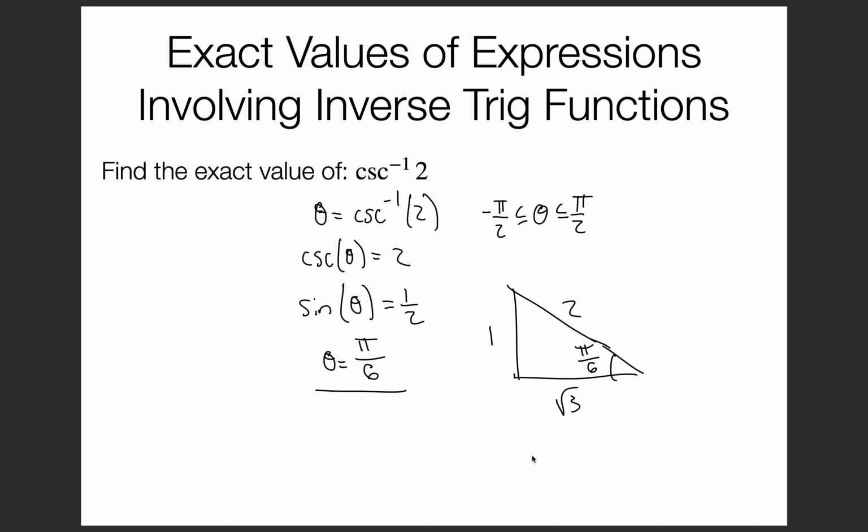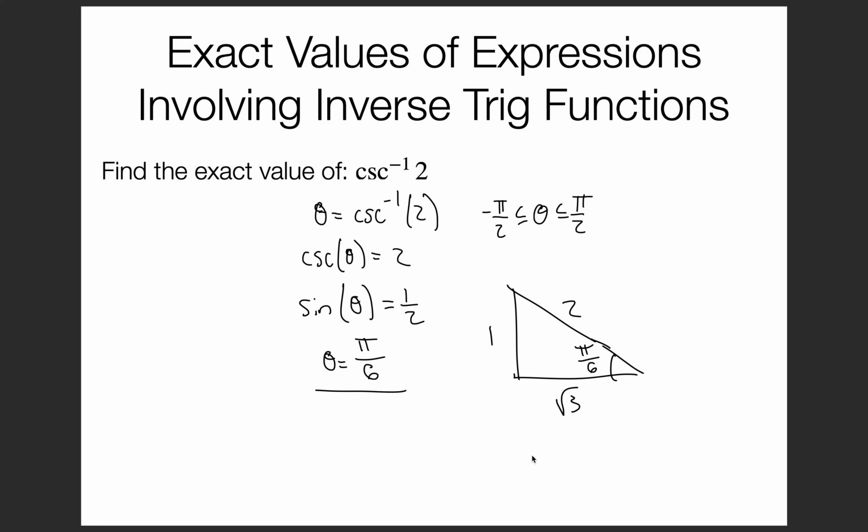I know that theta is between negative pi over 2 and pi over 2 from the information that we found before about inverse cosecant. It's going to work very similar to inverse sine. So inverse cosecant has the same range as inverse sine. It's defined in the fourth and in the first quadrant.